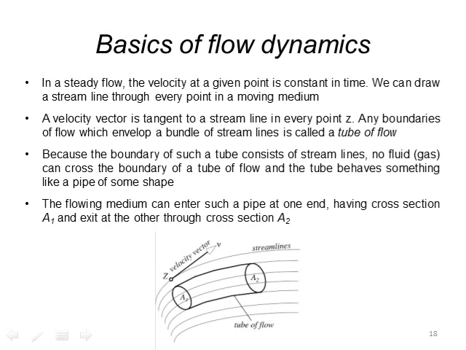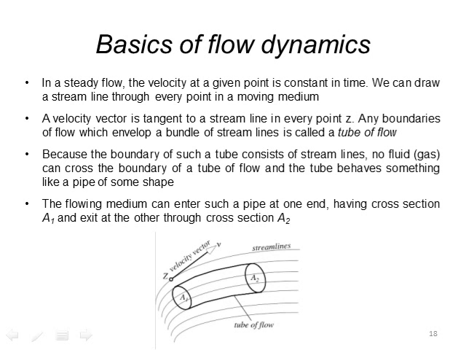So flow dynamics. In a steady flow, the velocity at a given point is constant in time. Therefore, no acceleration. So we can draw a streamline through every point in a moving media. A velocity vector is tangent to a streamline at every point.